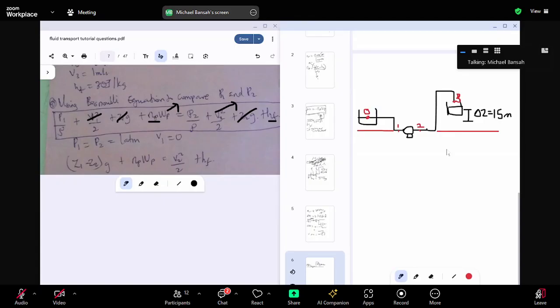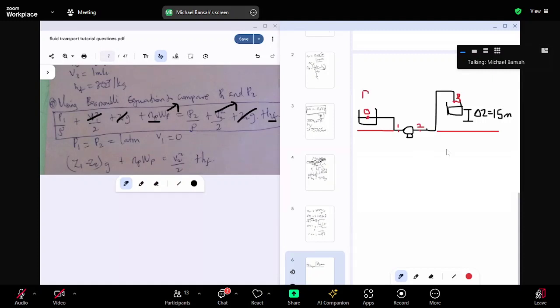Now I'm picking here 0 because the water in here is stagnant. So it is not moving. So in that case, I can find my V1 to be 0. 2, because I said it is open, it is exposed to the atmosphere. So I can get P1 over here. Sorry, P0, not P1.